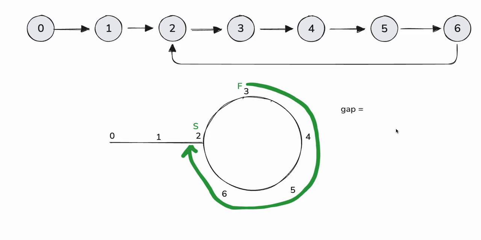So the gap right now will be, in this case, 1, 2, 3, 4. That's the length of the gap, the distance between the fast and the slow. Again, fast is moving faster, so it's going to be catching up with the slow, but of course the slow is moving as well. So what's the change to the gap at each iteration?